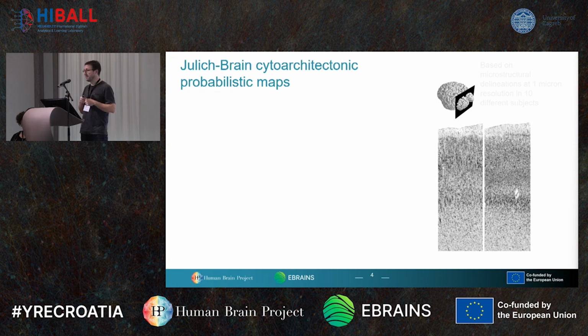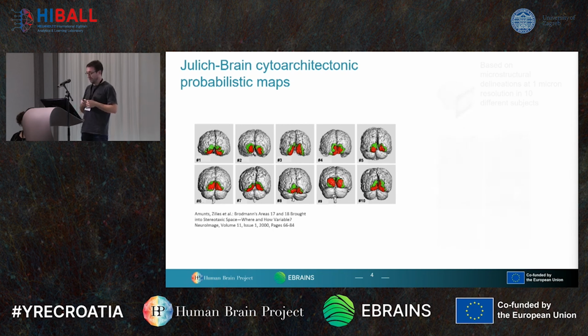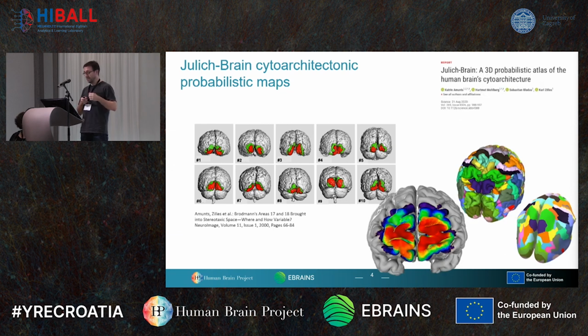And since this differs a lot between different individual brains, many of you will know this, this is a probabilistic atlas where we are mapping such brain regions in 10 postmortem brains and aggregating the variability that we see there into this atlas, which in the end leads to such probability maps, as you can see here for the frontal pole, where we can actually see how the shape of that brain region varies in different individuals and where the so-called center of gravity is, and so on.